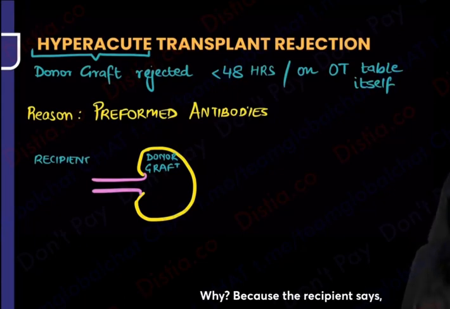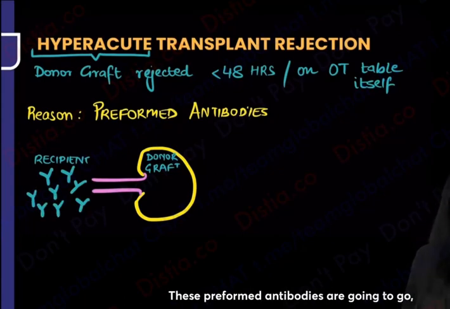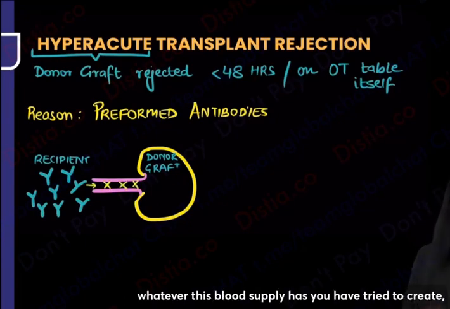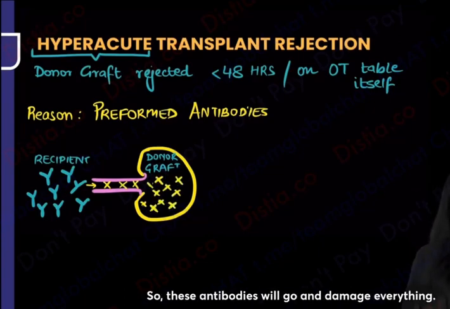Why? Because the recipient has some preformed antibodies in the blood. These preformed antibodies are going to damage whatever blood supply you have tried to create, and whatever kidney you have got, that also they will damage. So these antibodies will go and damage everything.